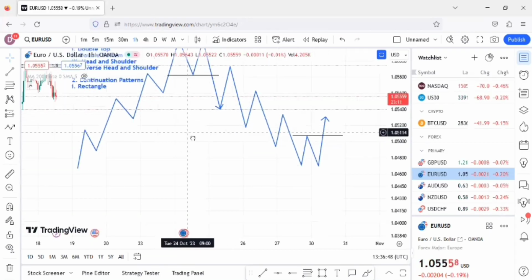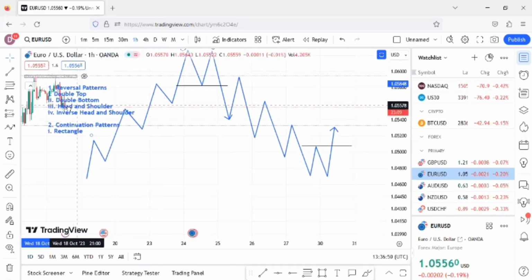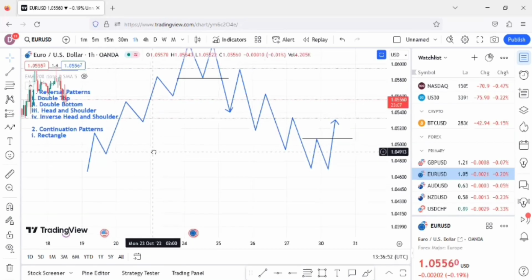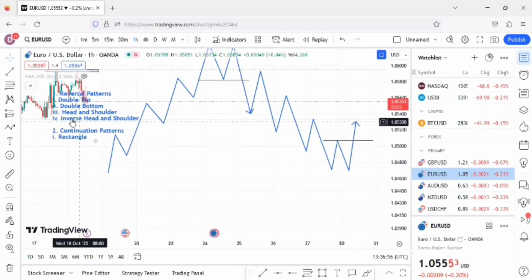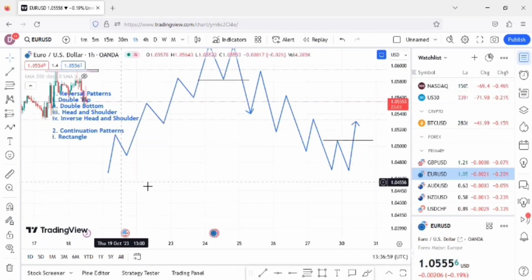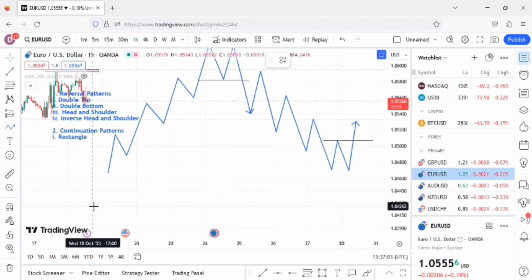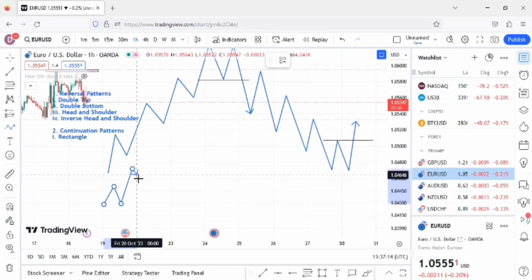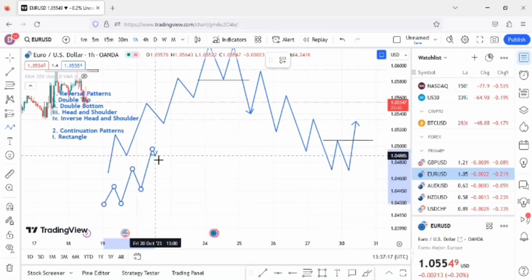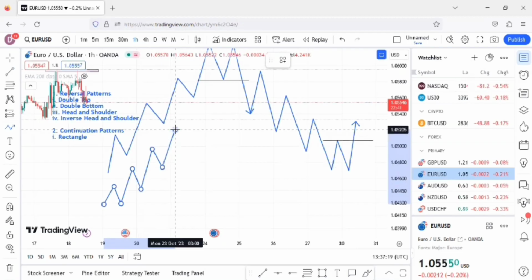Now the next one that I'm going to talk about is head and shoulder. If you look at this pattern that I'm trying to draw here, in an uptrend, you have low, high, higher low, higher high, higher low, higher high, higher low, higher high.